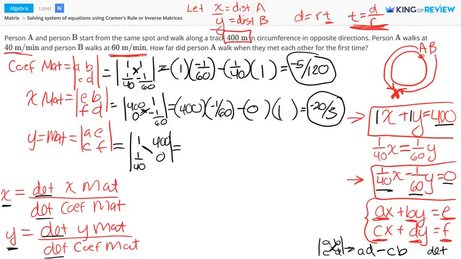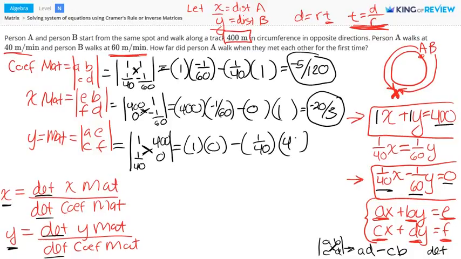We take the product of the main diagonal, 1 times 0, and subtract the product of the entries in the other diagonal. So 1 over 40 times 400. So we have 1 times 0 minus 1 over 40 times 400. And when we work this out, we get negative 10.